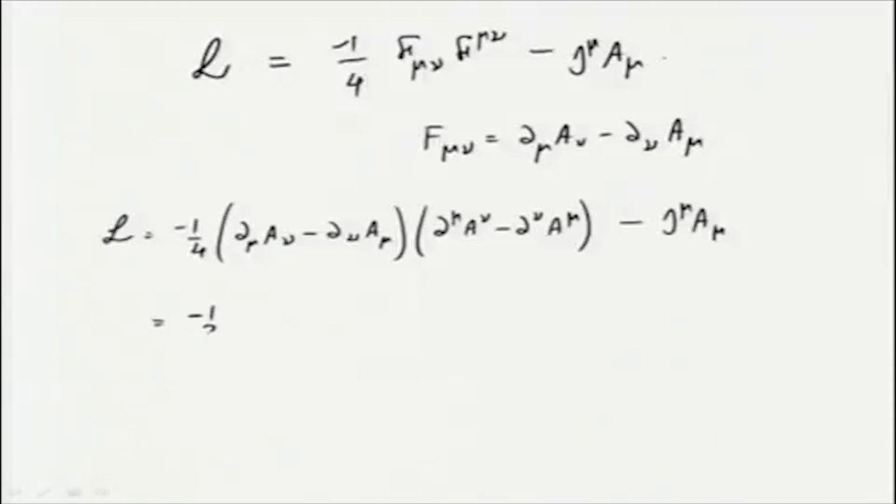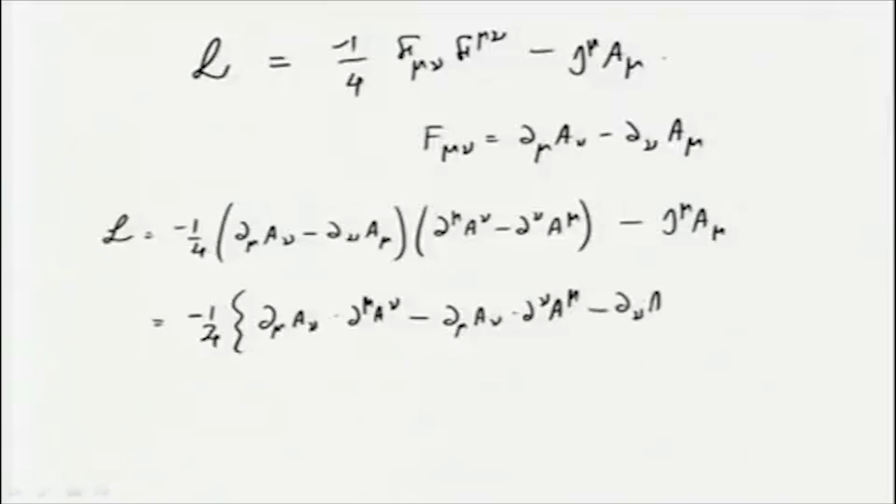So, when I open the bracket: dou mu A nu times dou mu A nu, minus dou mu A nu dou nu A mu, minus dou nu A mu, the second term in the first bracket, times the first term in the second bracket, plus dou nu A mu dou nu A mu. Okay, that closes the bracket there, minus J mu A mu.